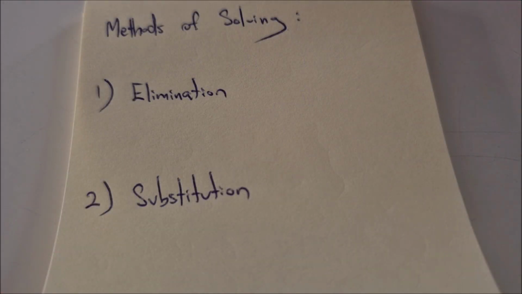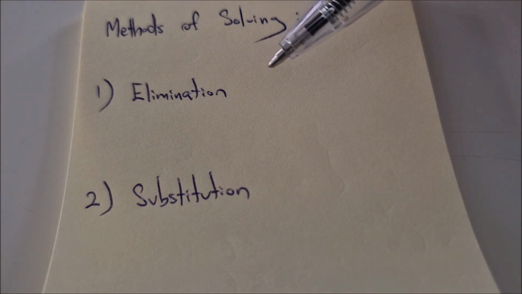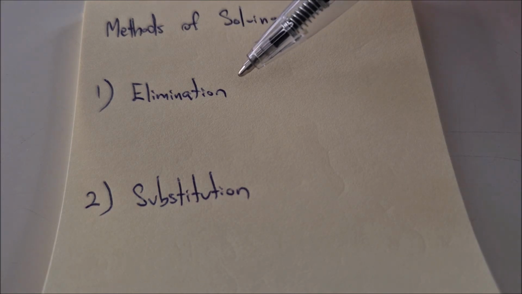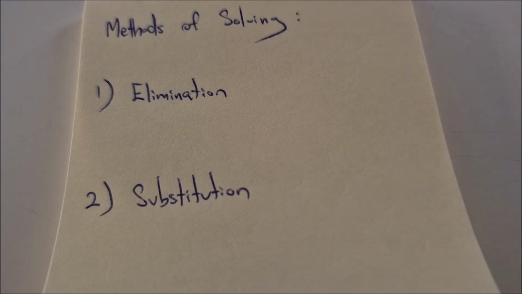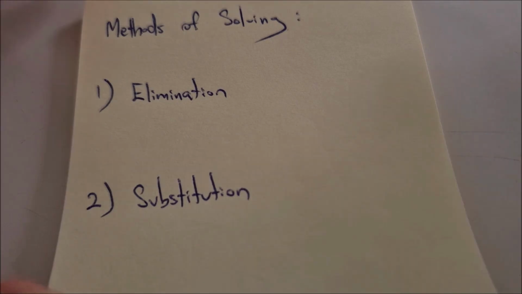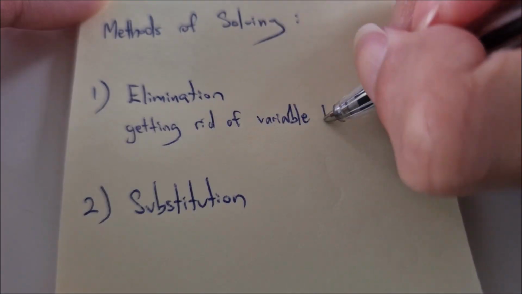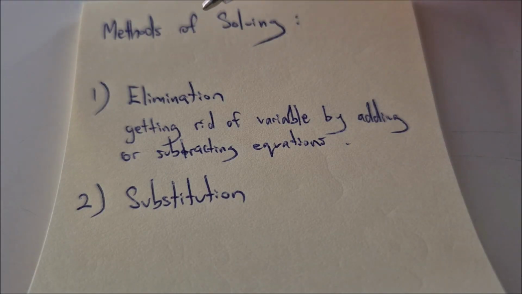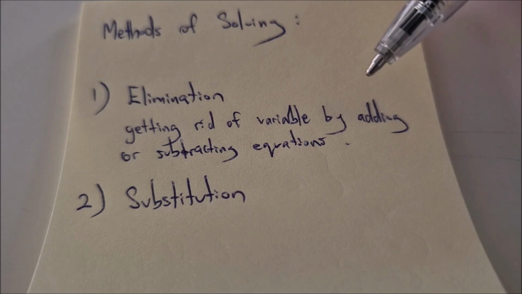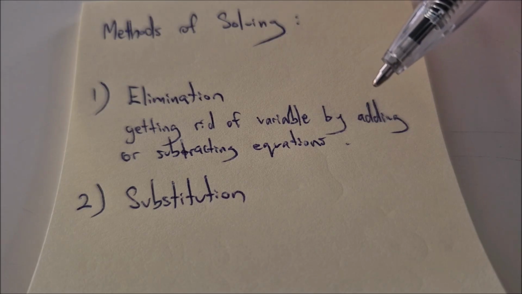There are two methods of solving simultaneous equations. The first one is elimination, and the second one is substitution. Now, what is elimination? That's getting rid of a variable by adding or subtracting the equations.